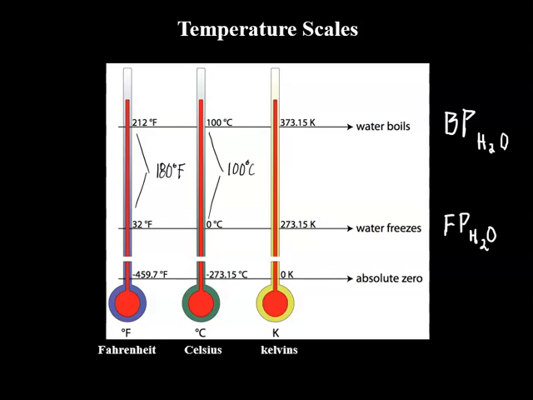And so let's consider the ratio. If we take 180 divided by 100, what does it simplify down to? We could say it simplifies to 9/5 on the fractions, or we could simplify it on the decimal scale to 1.8. And this contributes to the equation that converts between Celsius and Fahrenheit.